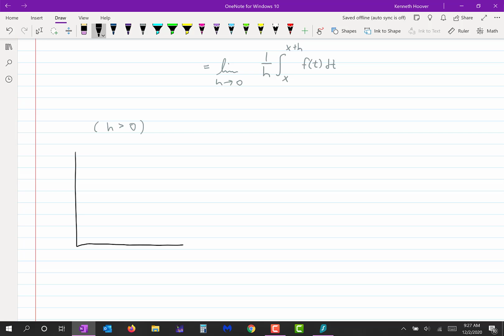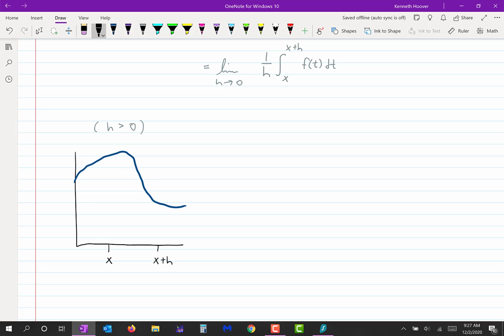So suppose we have, here's x, and here's x plus h. And maybe the graph of little f looks something like that. Okay.